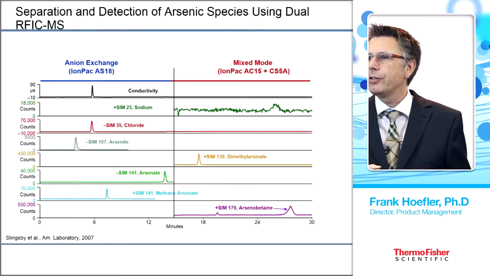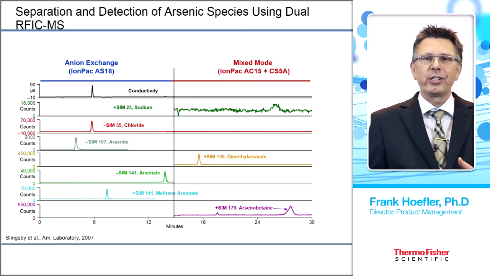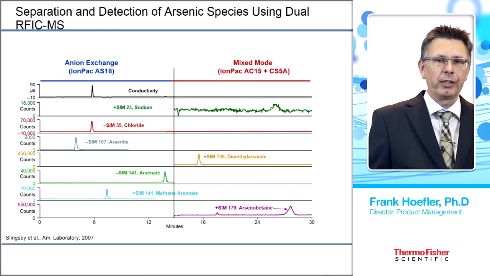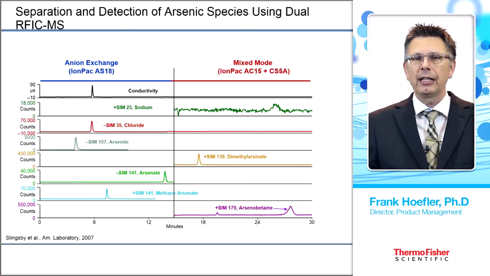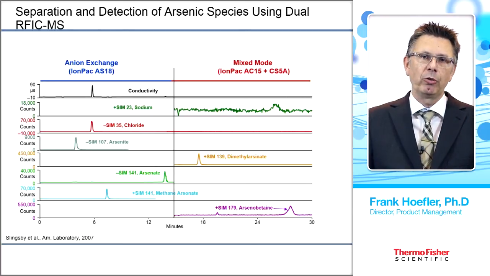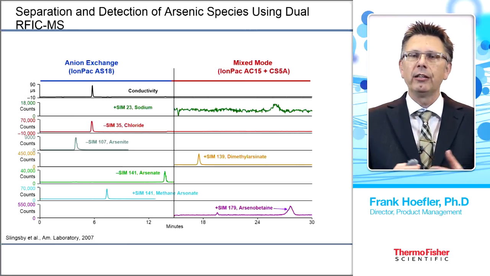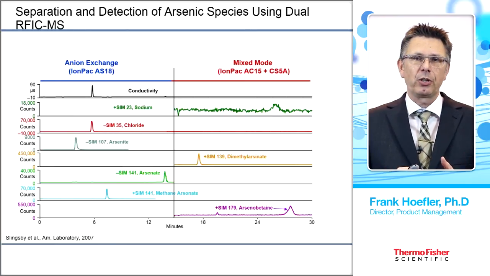Let's move on to the next example, which is a very interesting one, because in this example we are showing the separation of anionic and cationic compounds in one run. And what are the species we are looking at here? Those are arsenic species.